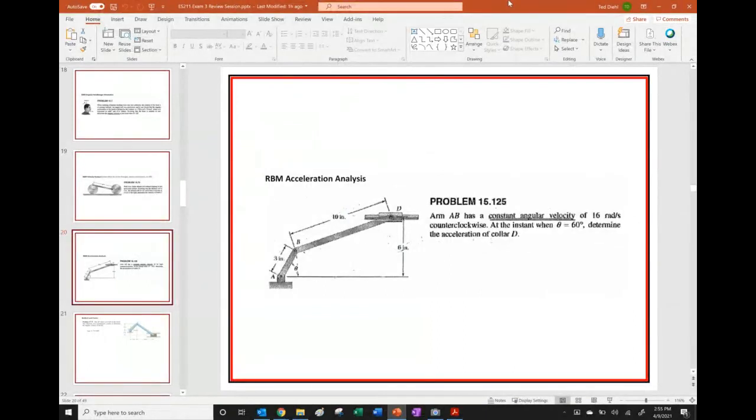So let me write down the problem. Let me make a little sketch real quick of this. All right, so that's like 60 degrees. That's close to that. And we're going horizontally in that direction.